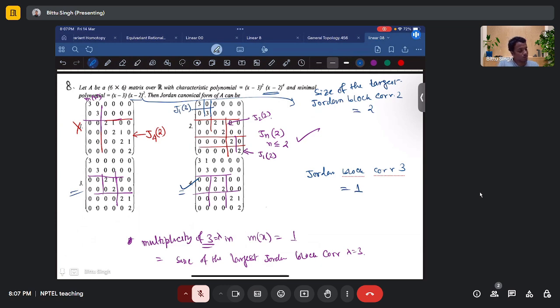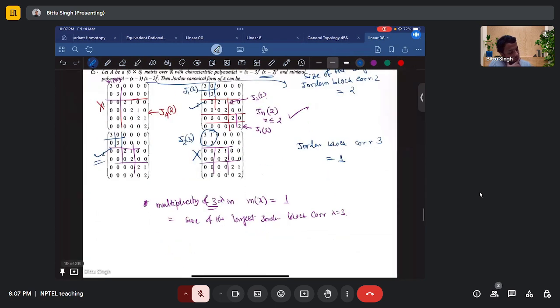Those both are J1 of 3. So this is correct. And here is also J1 of 3. Those are both only 1 by 1 matrices. So this is correct. But here this is wrong because the size of this block exceeds 1. This is actually J2 of 3. So this size 2 exceeds 1. Therefore this is false.